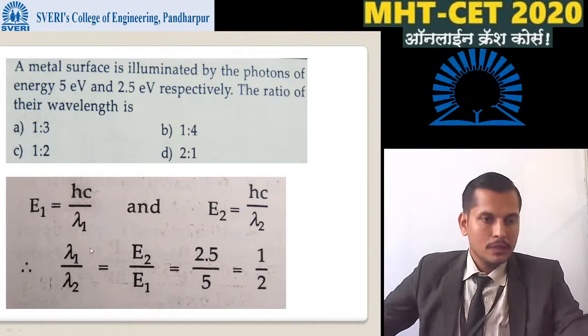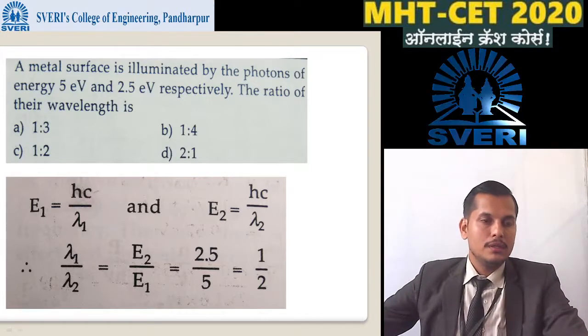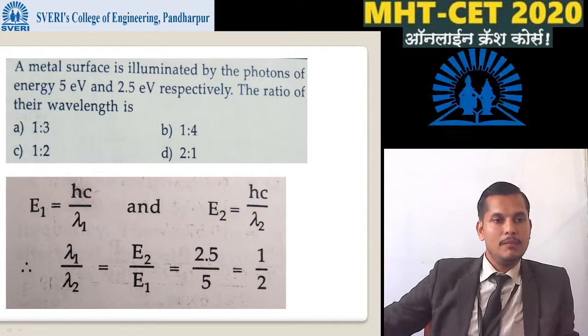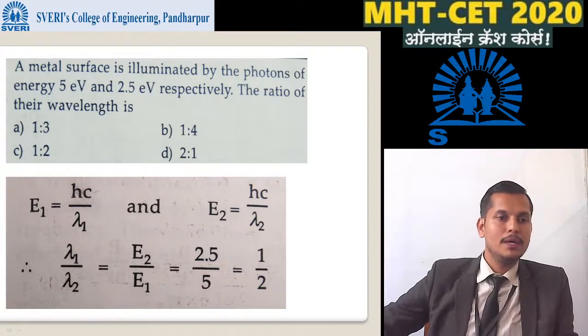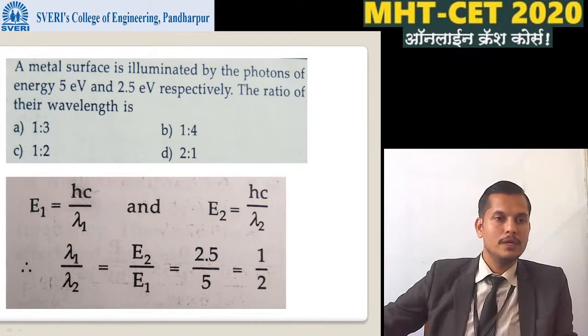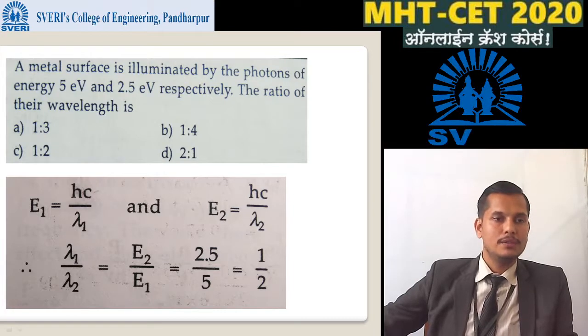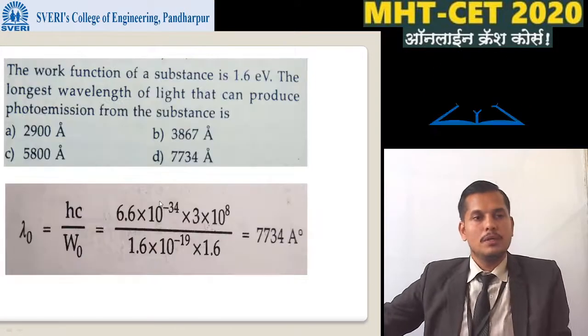E1 is equal to hc by lambda 1, similarly E2 is equal to hc by lambda 2. If we compare this, we get lambda 1 by lambda 2 as E2 by E1. The energies are with us: for E1 it is 5 electron volt, for E2 it is 2.5. If we put the values, we get the ratio as 1:2. So let us move to the next one.